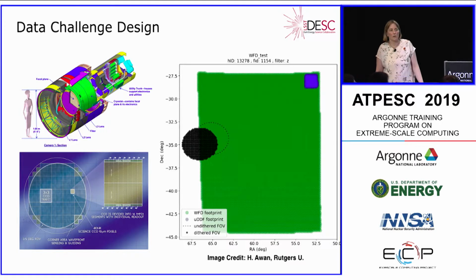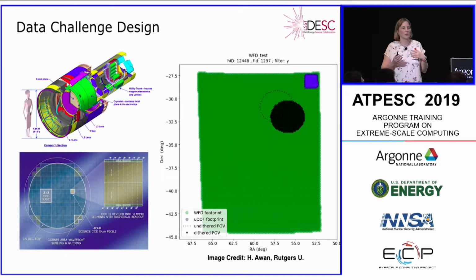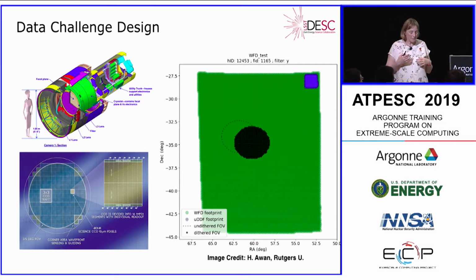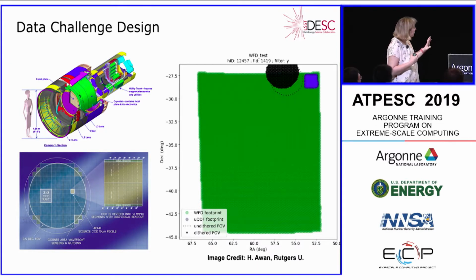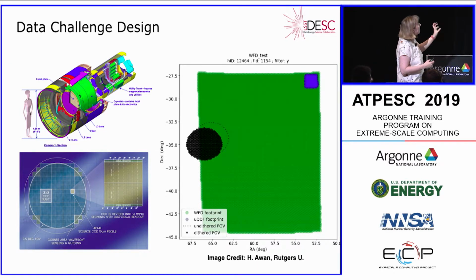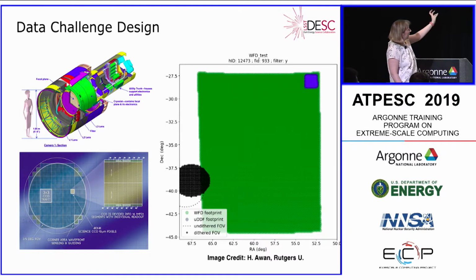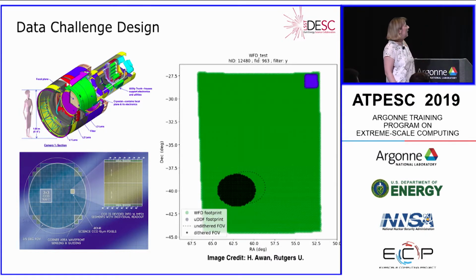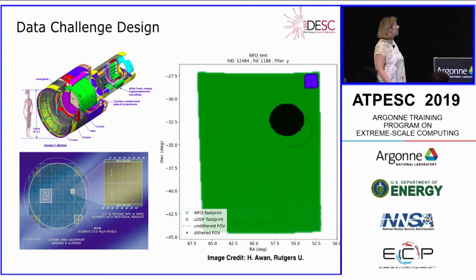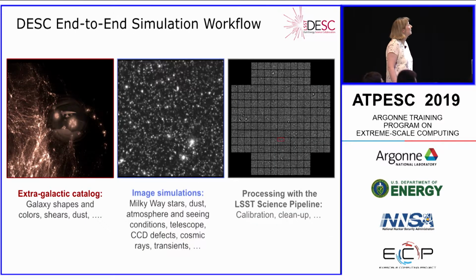So this is all in our simulation. We really have the observing strategy that the real telescope is planning to implement. And so what we'll do is simulate these round patches of the sky and see if they look like what the telescope will see.